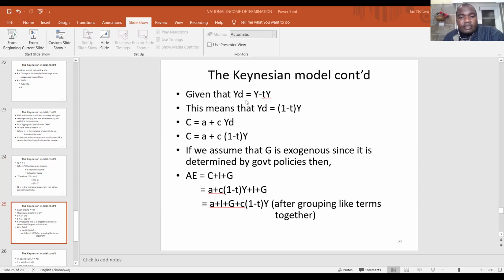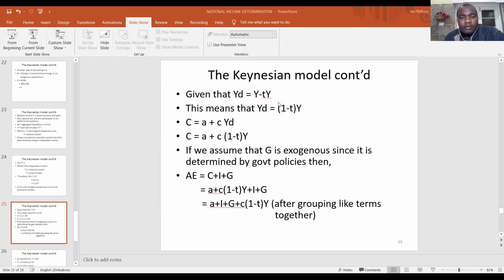Given that YT is equal to Y minus tY, this means that YT equals 1 minus t in brackets, factor of Y. So our consumption is now equal to autonomous consumption, which is small letter a, plus c YT instead of Y, because we now have the government which is levying taxes on economic activity, which affects our aggregate level of consumption.